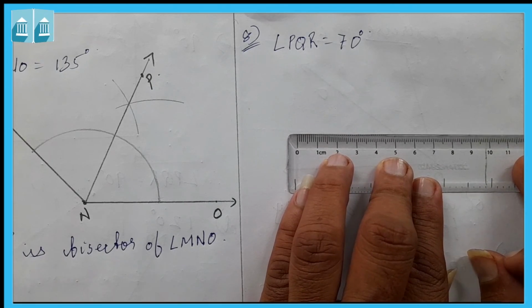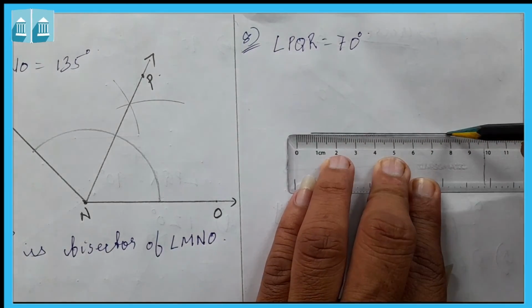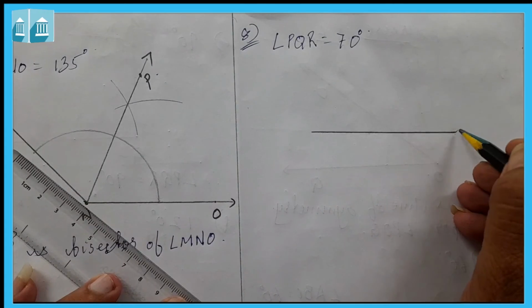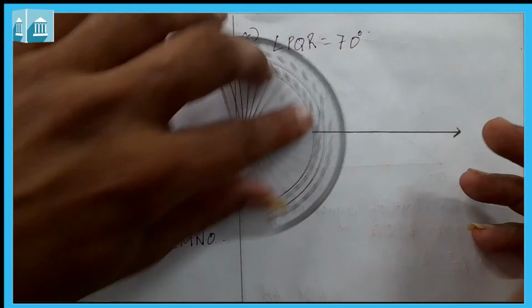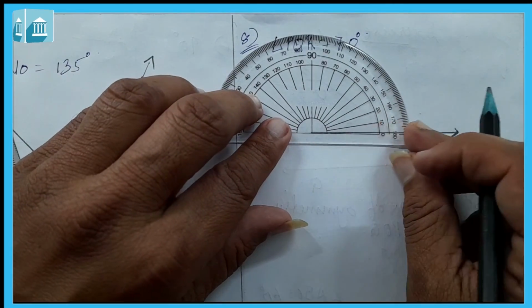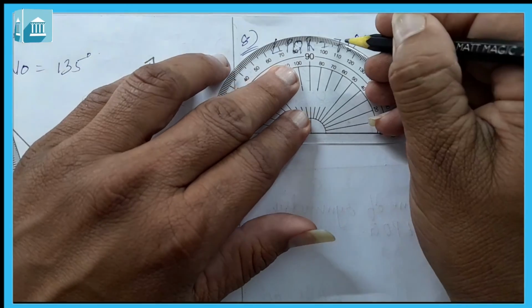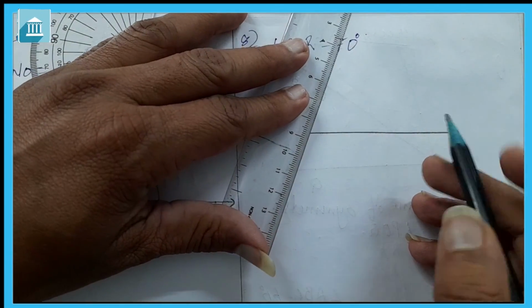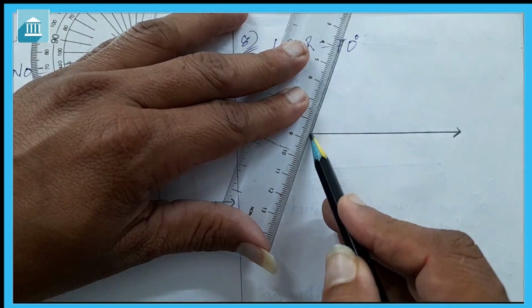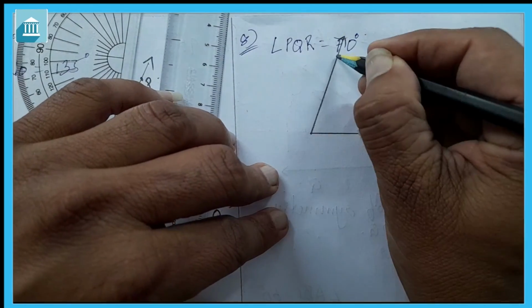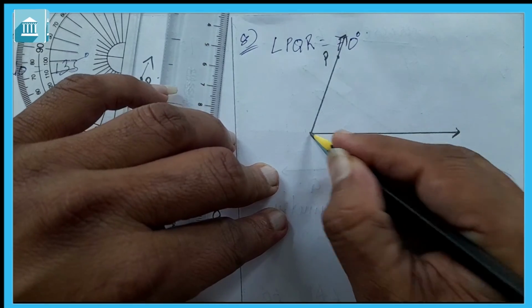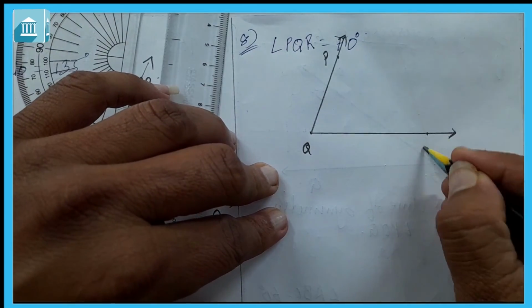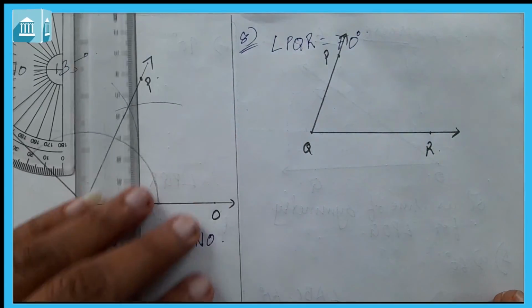Here like this. This is our angle PQR, which is 70 degree.